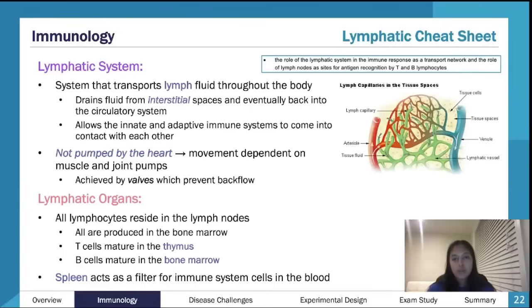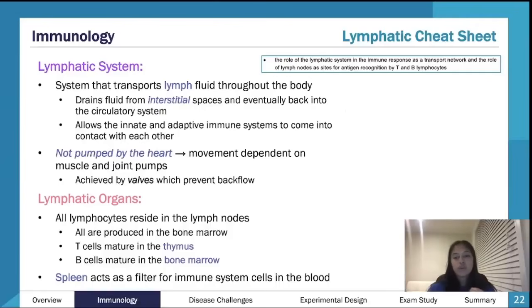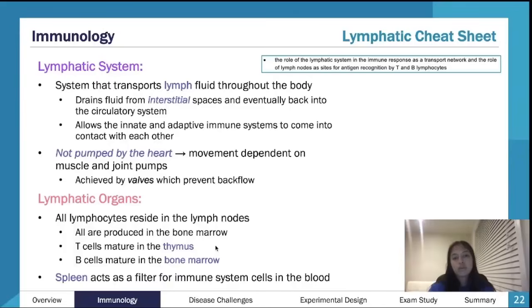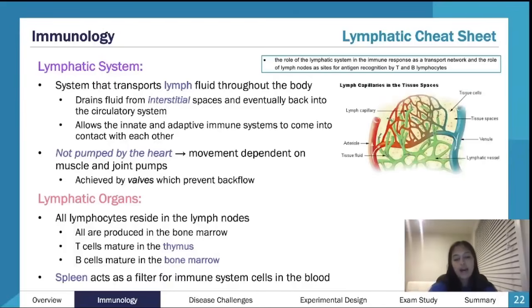Your lymphatic organs are important because they're where our cells can reside or grow. So lymphocytes will sit in your lymph node. With this process of antigen presentation, when you present it to a lymphocyte, you're going to be moving to a lymph node.